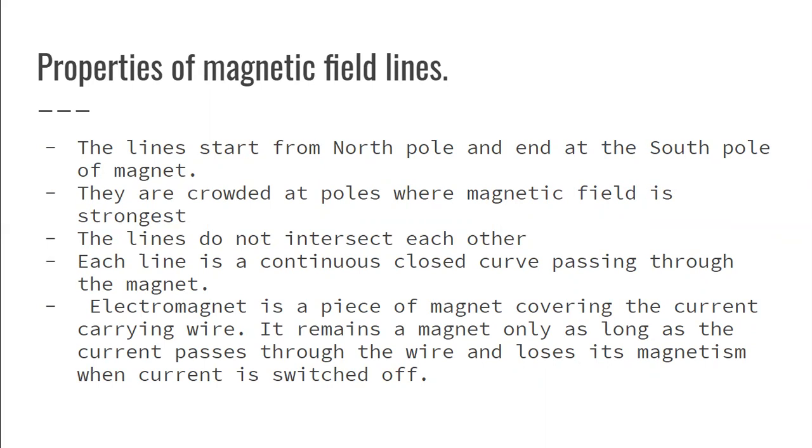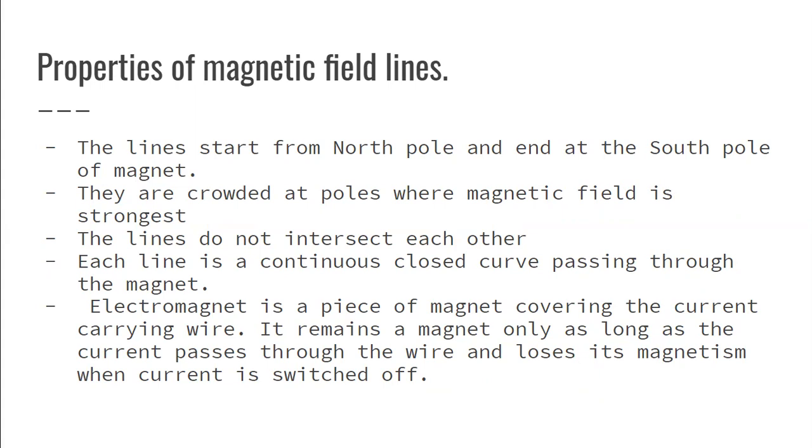It remains a magnet only as long as the current passes through the wire and loses its magnetism when the current is switched off. A magnet is there, and around that magnet you have a normal wire which is run around it, and that wire is attached to an electric supply.